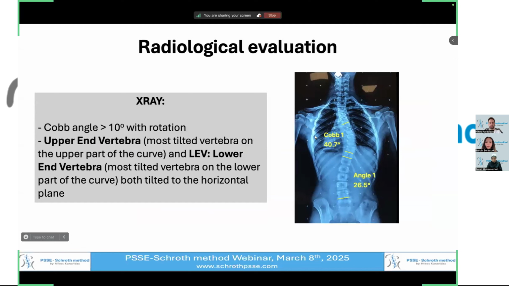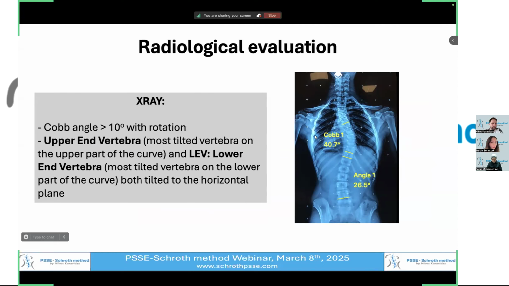If our patient will do an X-ray, we have to see on X-ray a Cobb angle more than 10 degrees with rotation. The most important is that on this X-ray, we should have a complete curve.